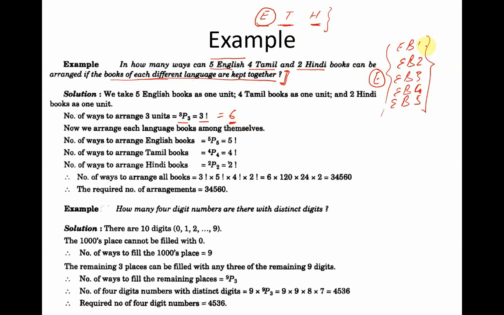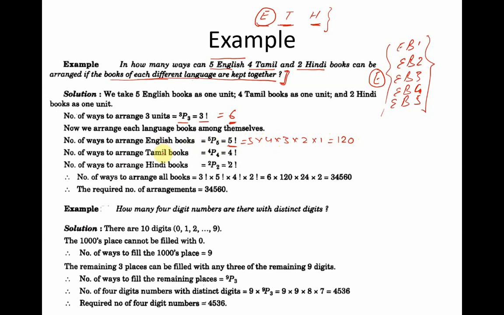But within this unit I have these 5 different books, and these 5 books can also be permuted in a number of ways. What is the number of permutations of these 5 objects taken all 5 at a time? That is 5 factorial. So the number of ways to arrange the English books within the English book unit is 5 factorial, that is equal to 5 multiplied by 4 into 3 into 2 into 1, that is equal to 120.